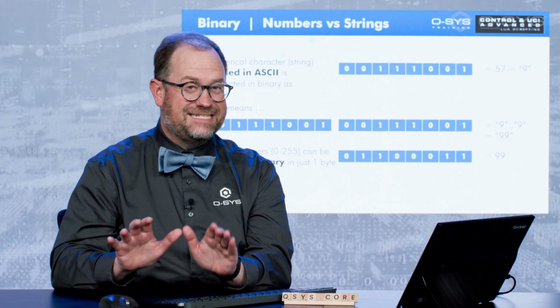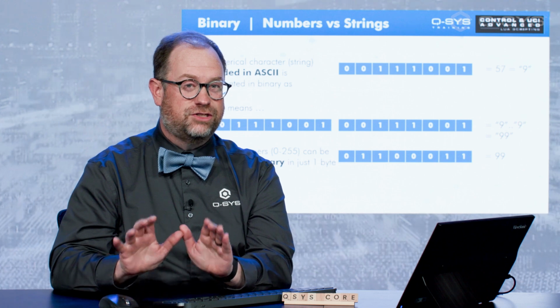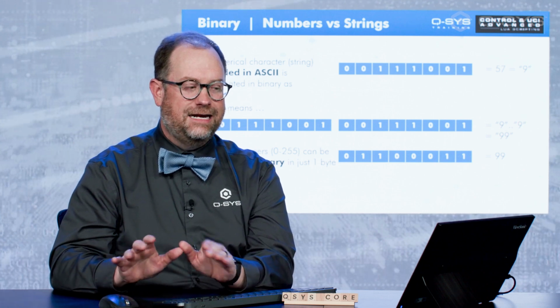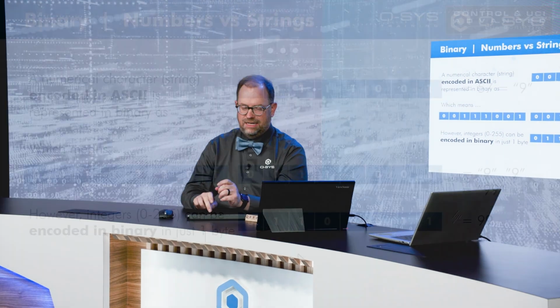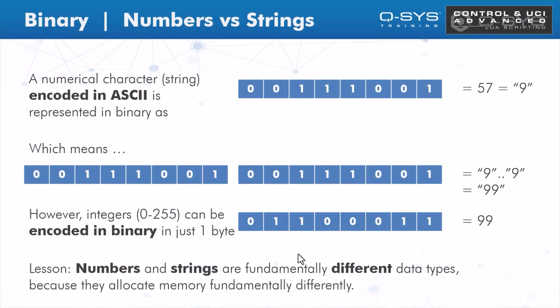It takes 16 bits to capture the string 99, whereas it takes 1 8-bit, 1 byte of data to represent the number 99. The big idea here is that strings and numbers are fundamentally different data types because they are fundamentally allocating memory differently.